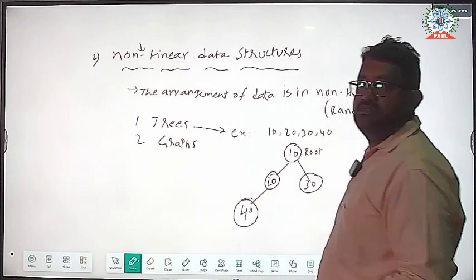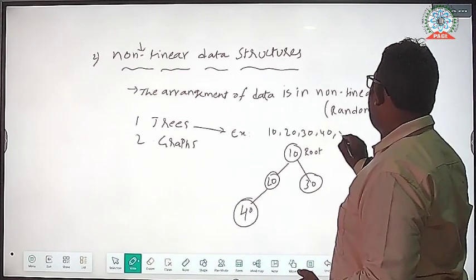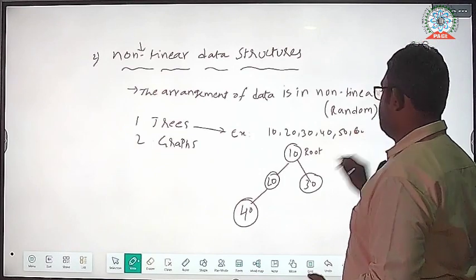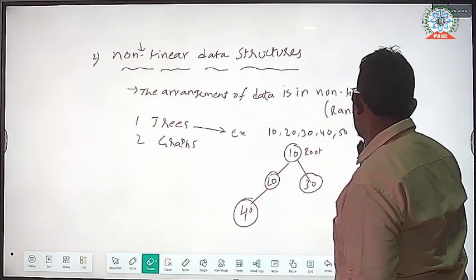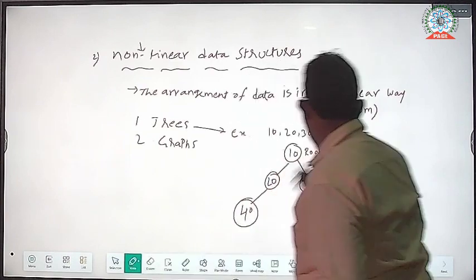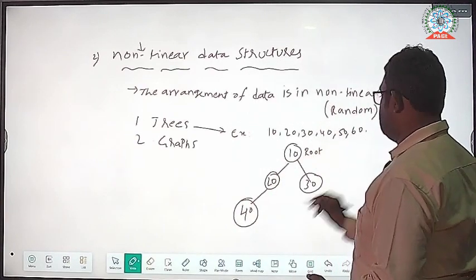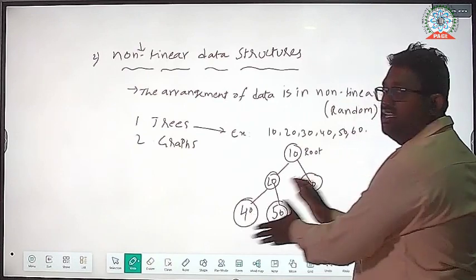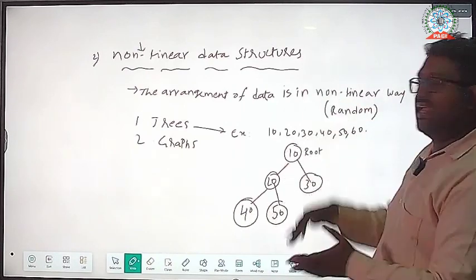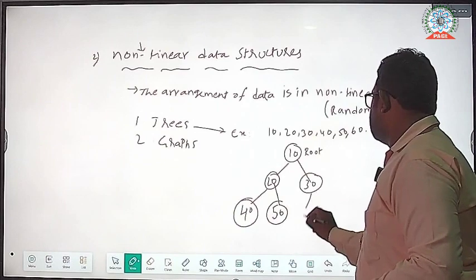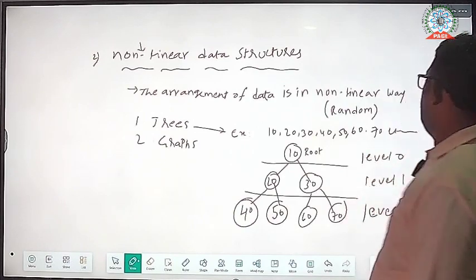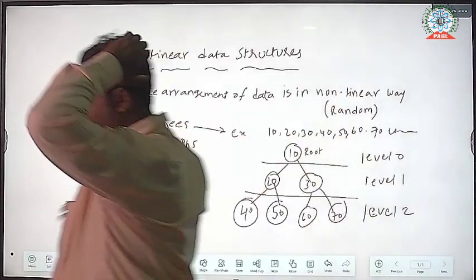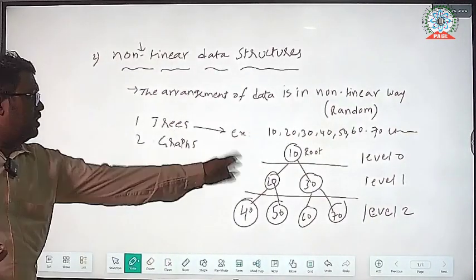So that means 40. If we have further elements like 50, 60, the same arrangement should happen. Once the level is finished only, then we go to the next level. So that means 60, level 2. In this way, the arrangement of data is done in tree data structures.